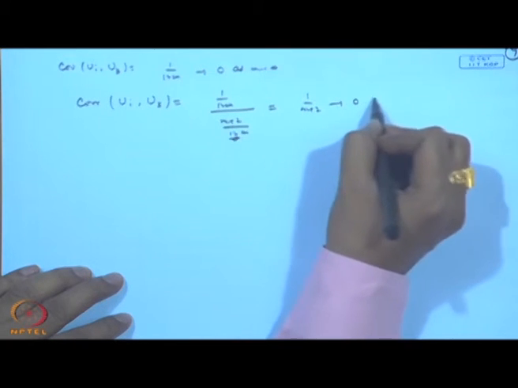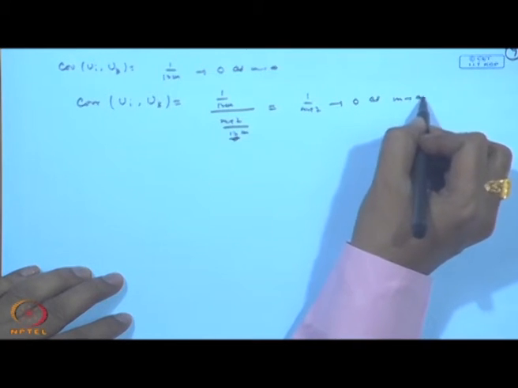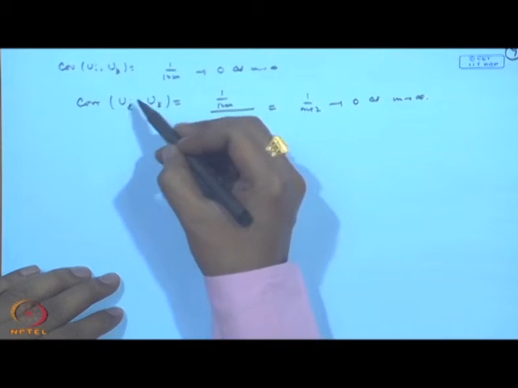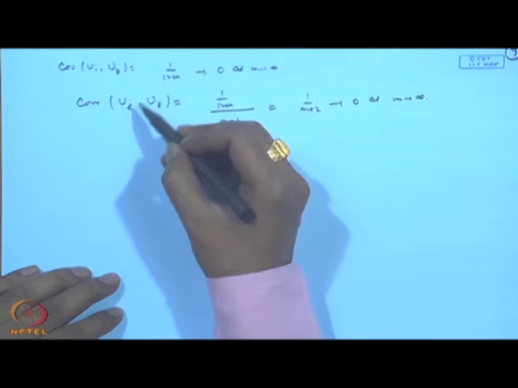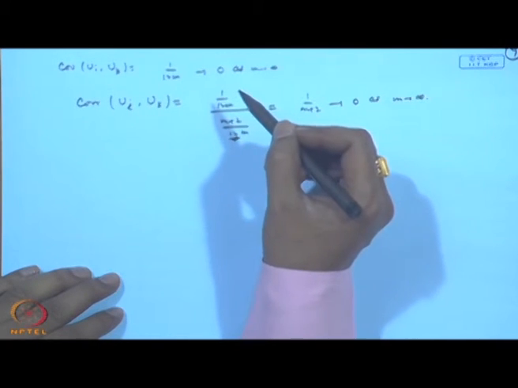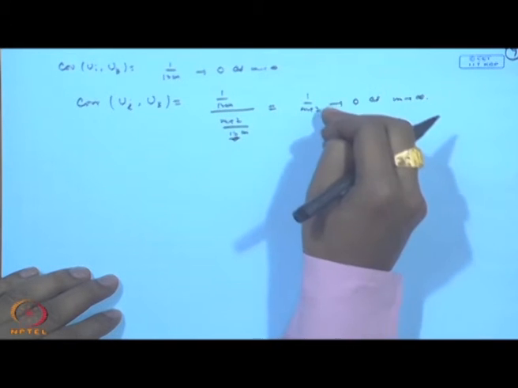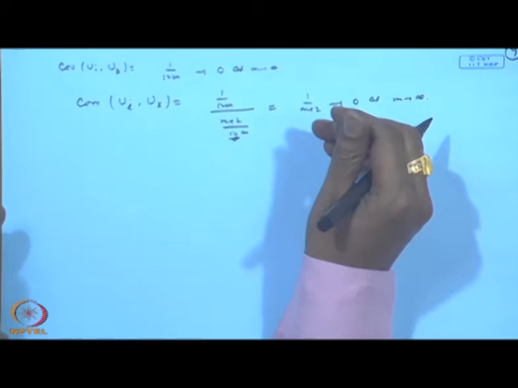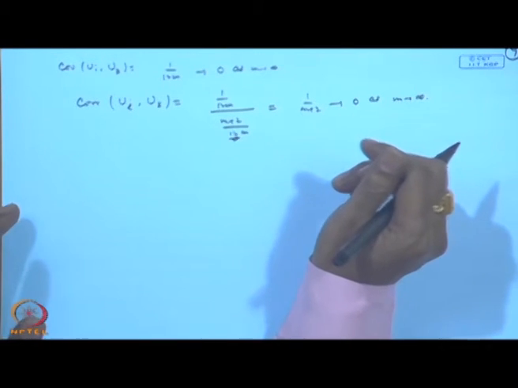So that goes to 0 as m tends to infinity. That means the correlation between the ith and kth sample transformed values of the order statistics becomes less and less as the sample size increases.